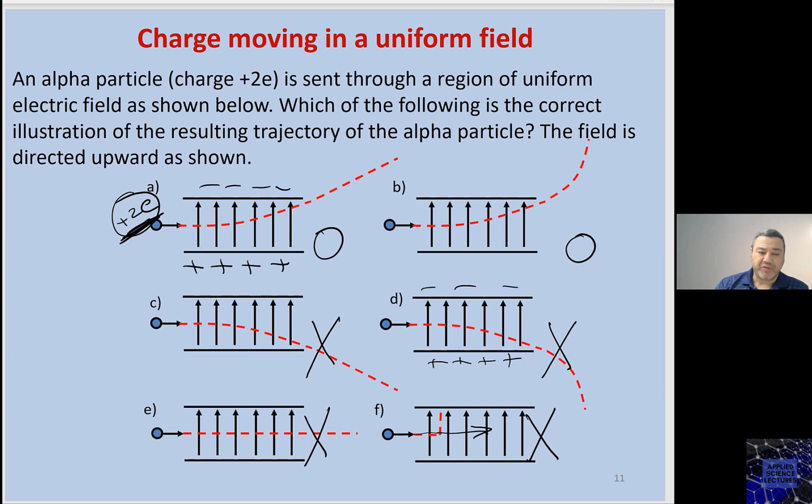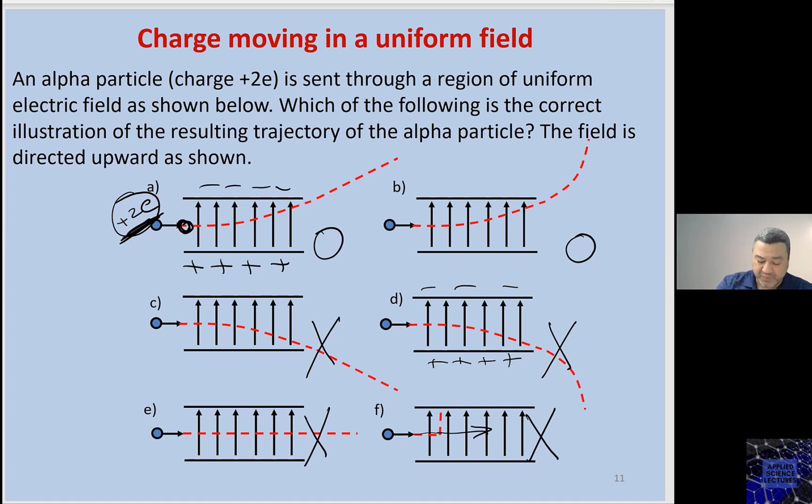Which one is the correct one? Now we know that once this particle enters the electric field, it is going to be under the influence of an exerted force on this charge. What's the direction?